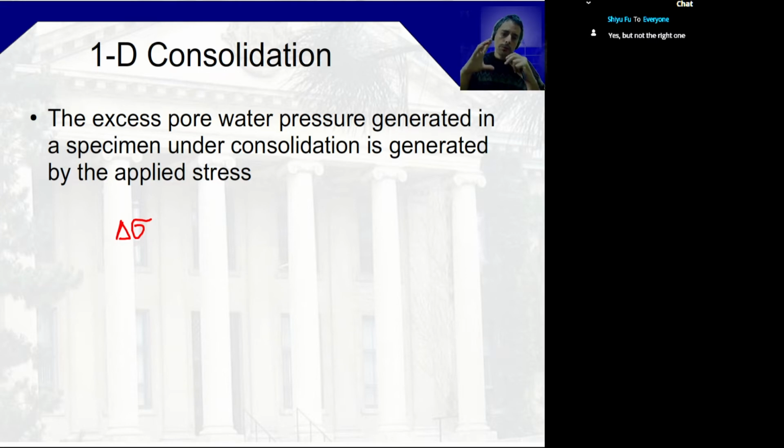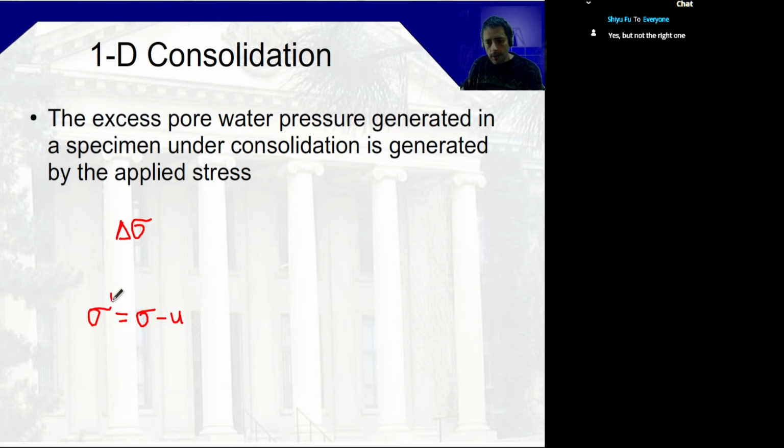So if you load your soil with an increase in stress, instantaneously the total stress is completely transferred to the pore pressure, right? So that's what causes this consolidation problem. So the effective stress is not changing immediately, because effective stress is equal to total stress minus pore water pressure.